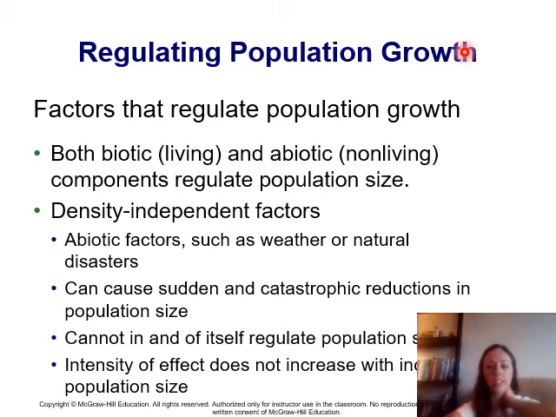Even though density-independent factors can cause drastic reductions in animal populations, these factors do not consistently regulate the size of the animal population. We do not rely on floods to keep animal populations down. Floods are random and cannot be regulated.